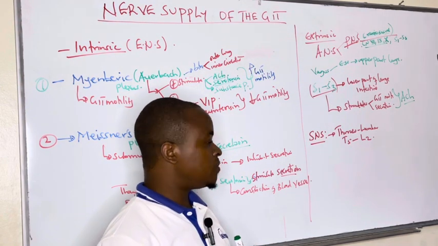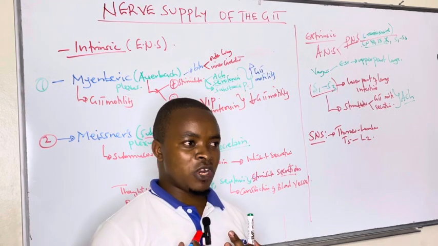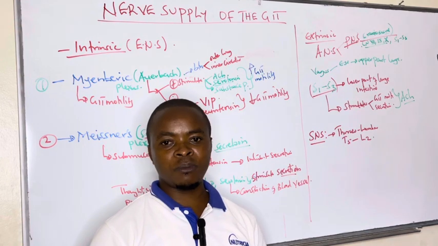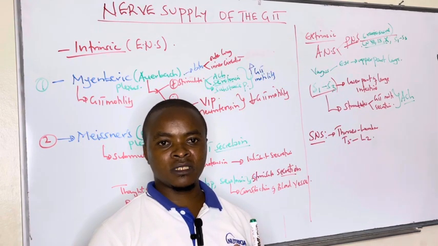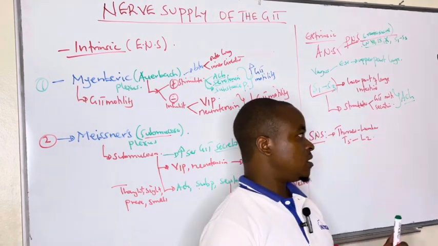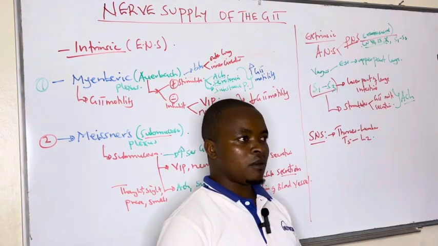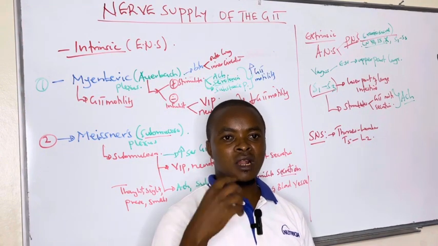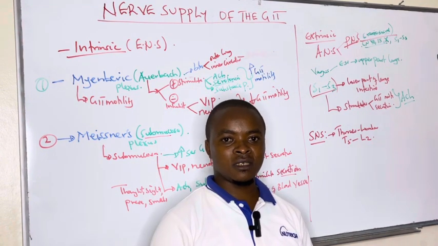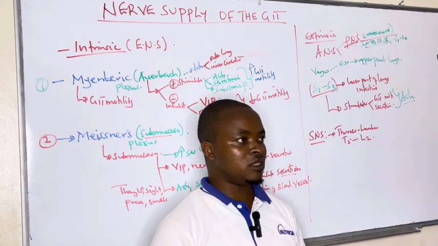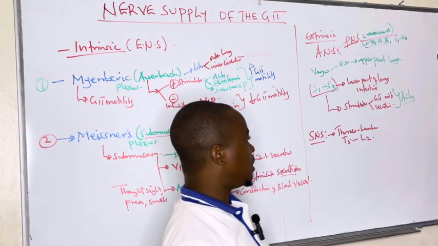When you are stressed, when you have anxiety, that's why we see people who are always stressed suffer from PUD, because anxiety stimulates the sympathetic nervous system, leading to lack of GIT secretions, no GIT motility, and it can result in PUD. So stress is very dangerous.